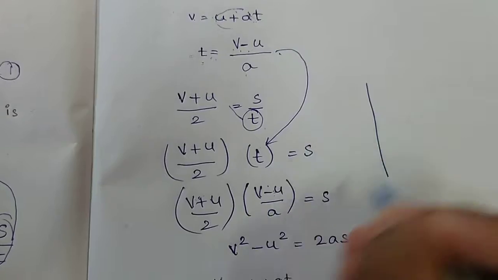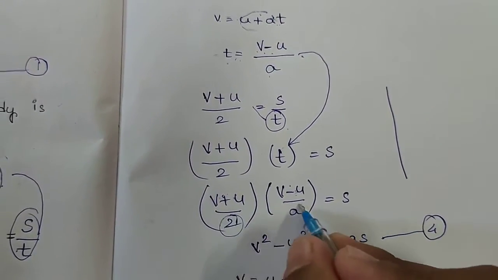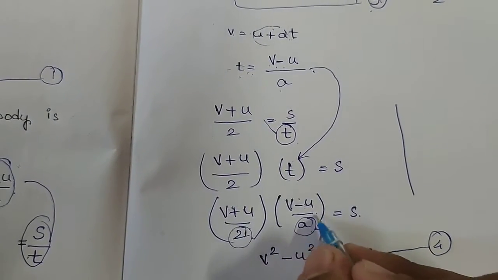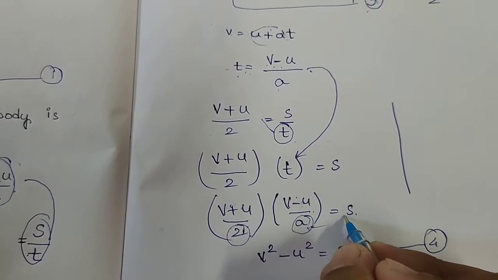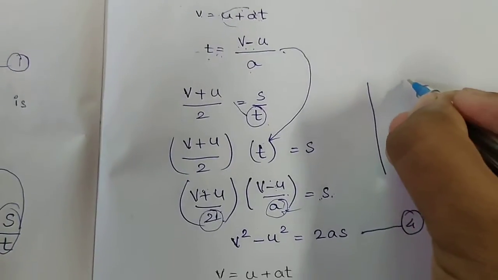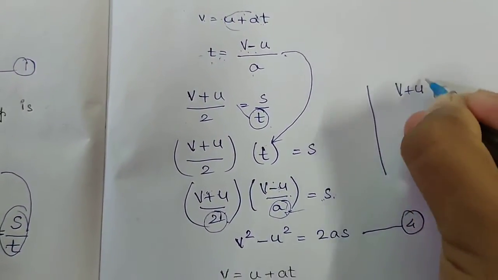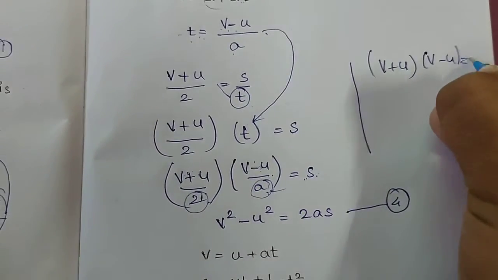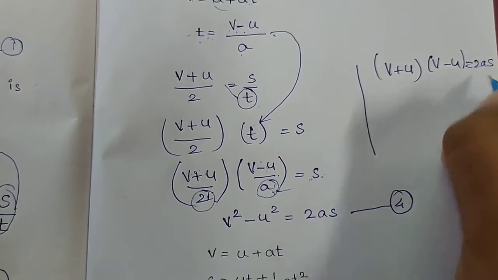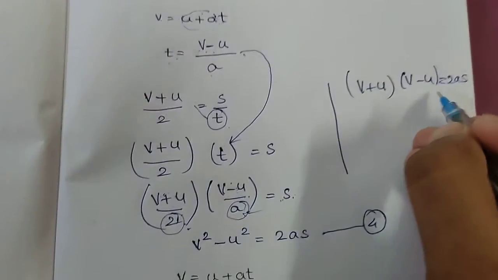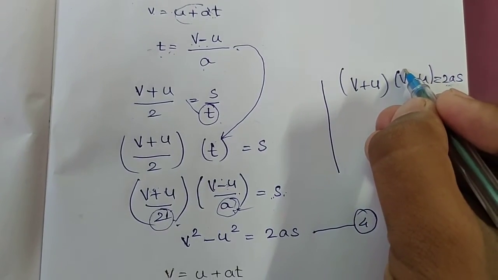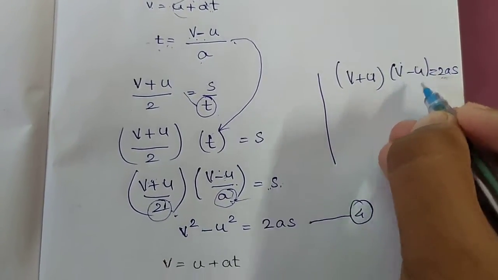I'll just explain very quickly. See, I have to shift this 2 and a to the right side. They are dividing here; if they go there, they will multiply with s. So v plus u into v minus u is equal to 2as. This 2 and a are multiplying with s over here. Now if you multiply v into v, you will get v square, and u into u gets u square.